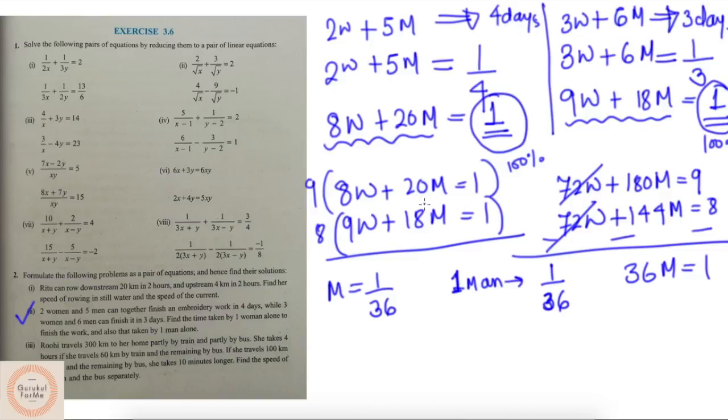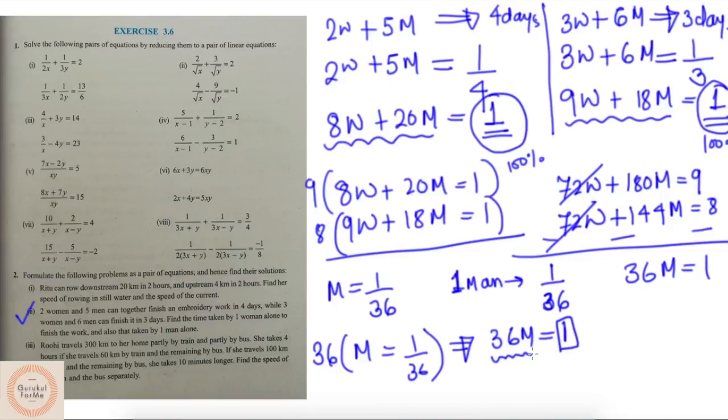So can I say that to finish the whole work, if I multiply this by 36, what will be the answer? It will be 36M is equal to 1. Can I say that to finish the whole job, you actually need 36 men? So the answer is 36 men.